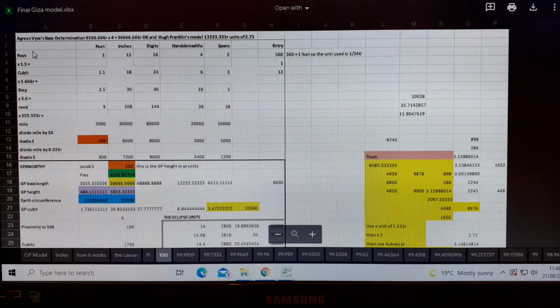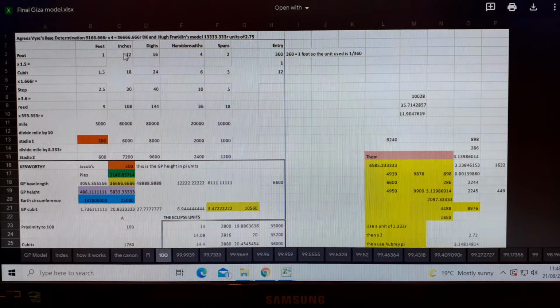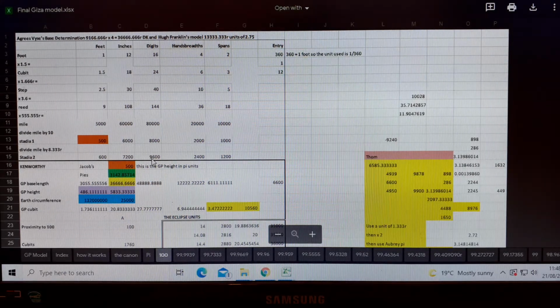But these going down are the ancient units as determined by Harry, and these are the ones across the top. So we're looking at feet, inches, digits, hands breadths and spans. Now these digits here, 16 in a foot, they're not the ones that I use myself, but they work perfectly well. They're just on a different scale to what I use.